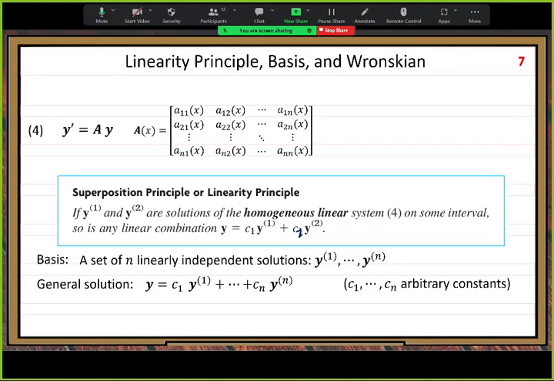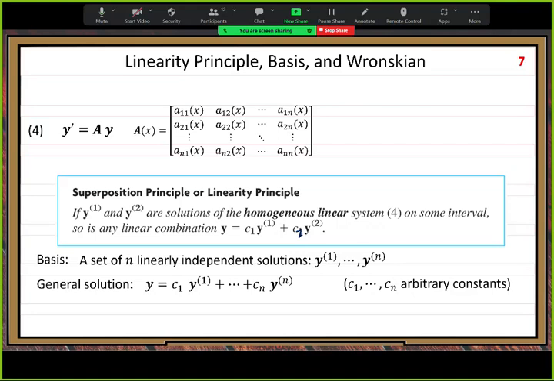These C coefficients cannot be functions, cannot be C of x. If C is a function, then in general it won't be a solution of the original linear system. Only constants.